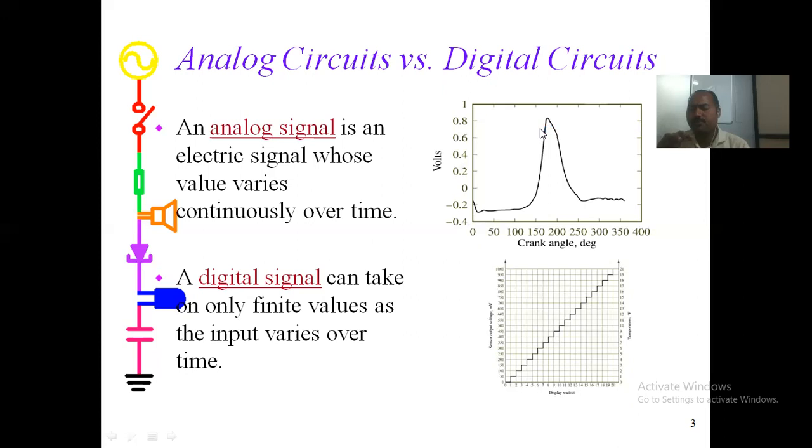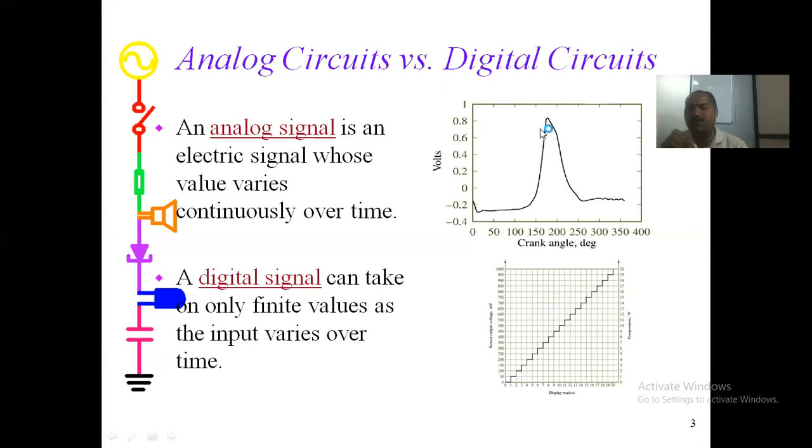So when we are processing a digital signal, you don't need an analog signal, right? If we apply an analog signal to digital devices, they do not operate. So for that purpose, what do you have to do? When we have an analog signal and it is provided to digital devices, you have to use a device such as an analog to digital converter.